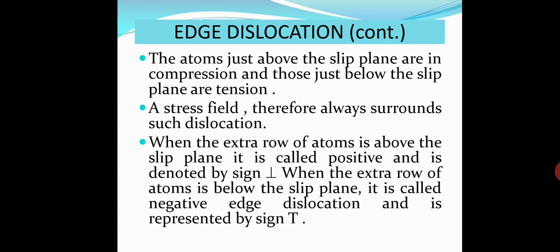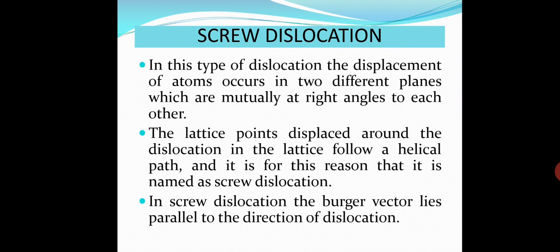When the extra row of atoms is above the slip plane, it is called positive edge dislocation and is denoted by the sign inverted T. And when the extra row of atoms is below the slip plane, it is called negative edge dislocation and is represented by the sign T, capital T.